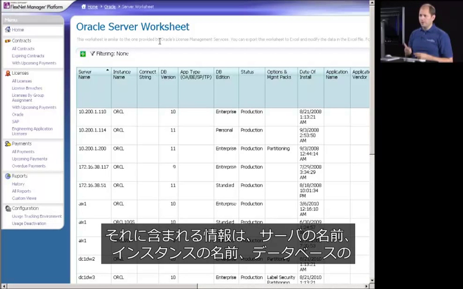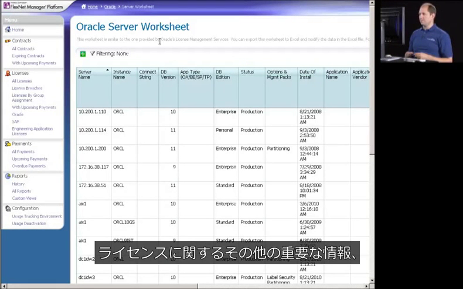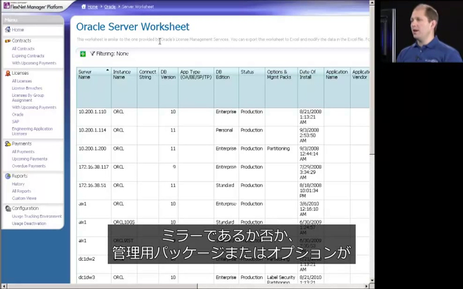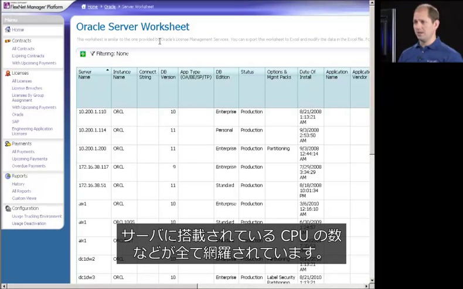This can include the server name, the instance name, the database version, the database edition, and all of the other important licensing facts about your systems, such as whether they're a production system or a standby system, or if they're a mirror, if there's options or management packs installed, how many users log into that server, how many CPUs the server has, and all of those pertinent details.